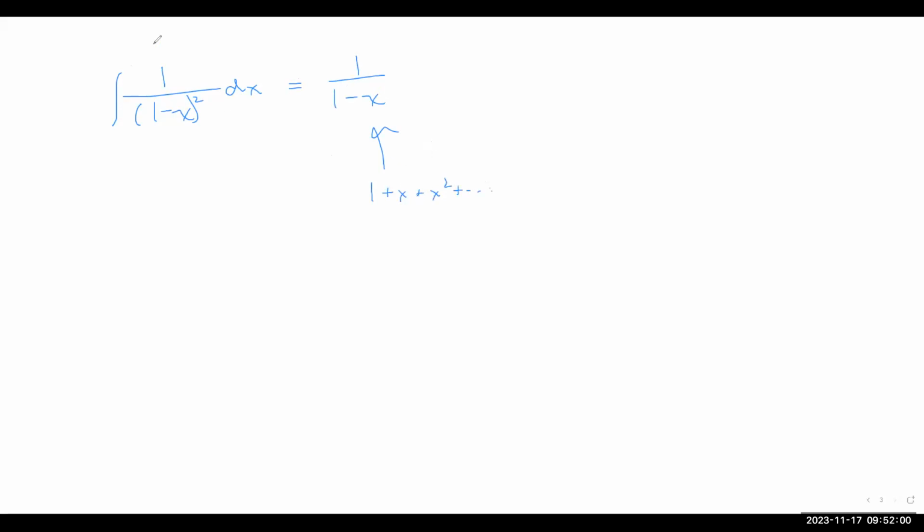But if this thing is the target, if I want to make a power series for 1/(1 - x) squared, I can't really do that using a geometric series. But if I take the antiderivative, that's pretty simple. And then I just need to take the derivative of this thing to get back to where I want. So basically you have to undo whatever you did.